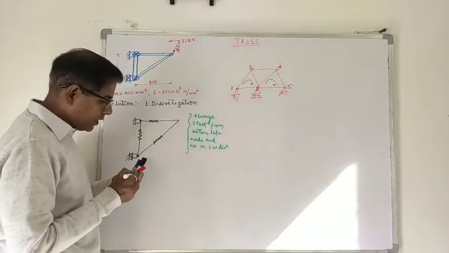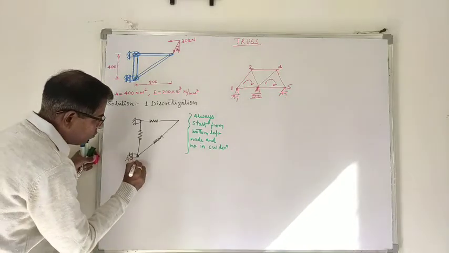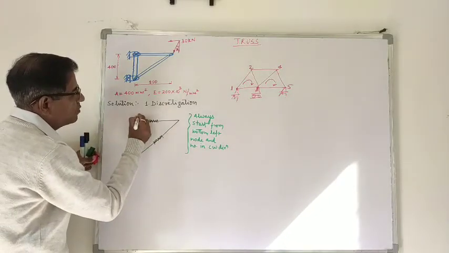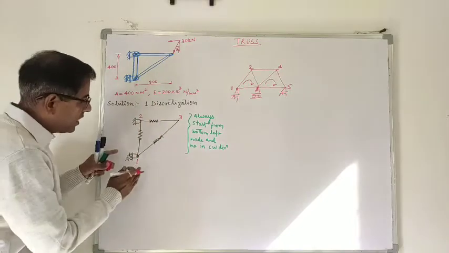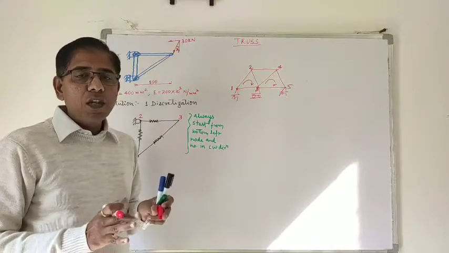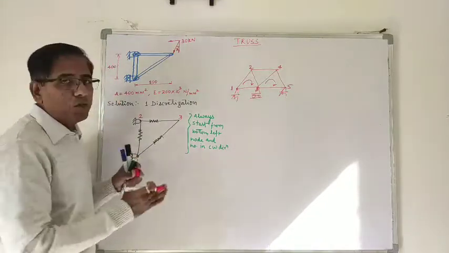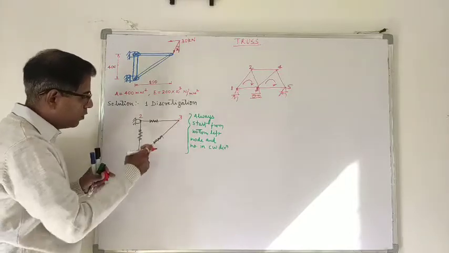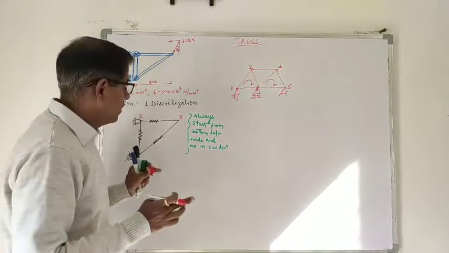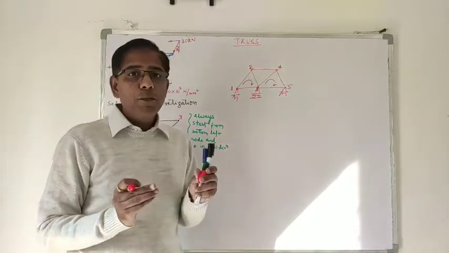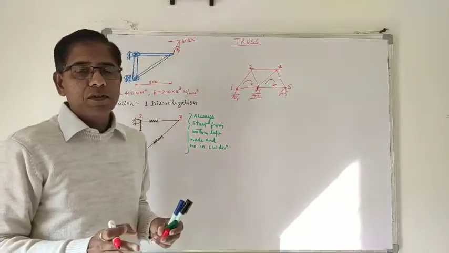So I start with bottom left corner as 1, and in clockwise direction this will be 2 and this will be 3. I am not saying that this is the only correct way; I am telling you my method of node numbering. You can give node 1 here, node 2 here, node 3 here, no problem. But node numbering is very, very important while calculating the inclination of these members.